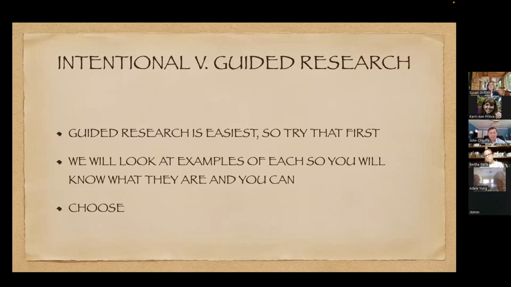Basically, intentional research is where you choose, I want to look for this person in this census, and so I'm going to go to this census and search for them. With guided research, you're going to go to that person and let FamilySearch find the census record for you. So if it's not making sense, I think by the time we're done today you'll understand.